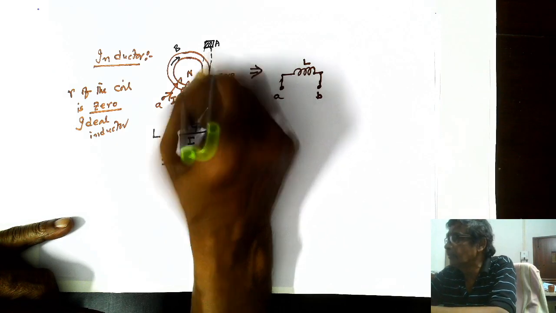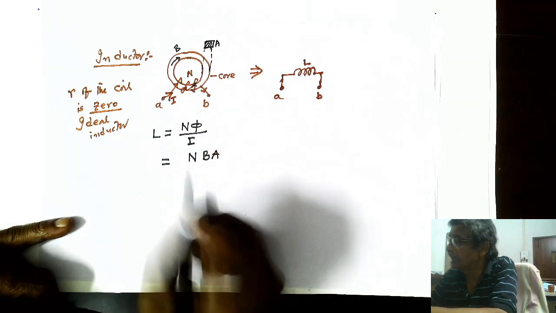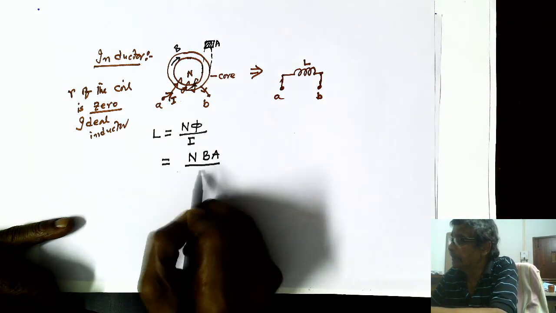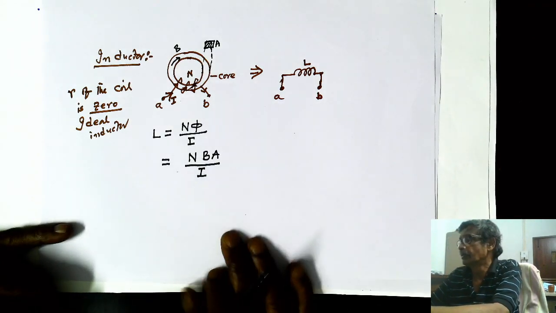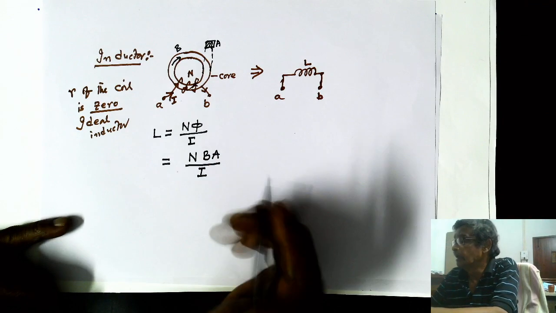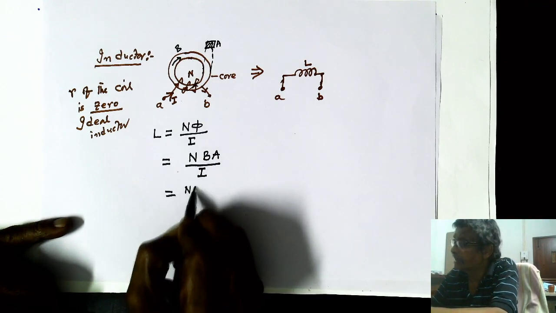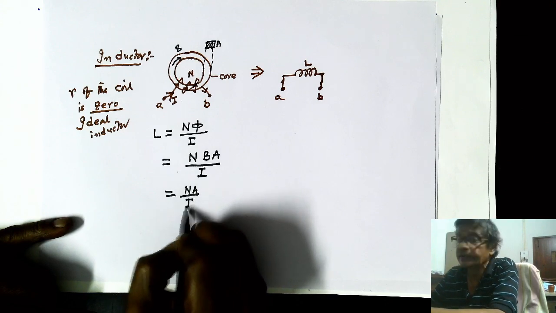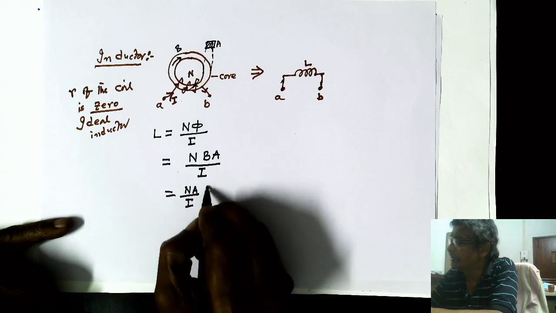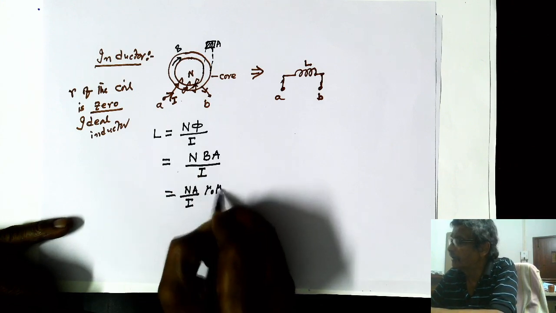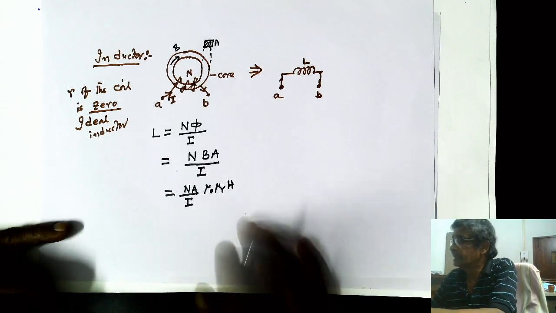That is, B is always perpendicular to this area, so phi is B into A, you know that, and this divided by I will be your value of the inductance. Now then what you do is this N A by I, and for B what you write is mu 0 mu R into H. Is not B equal to mu H?